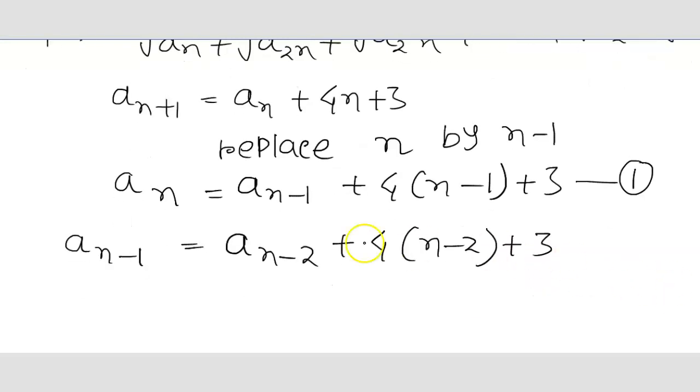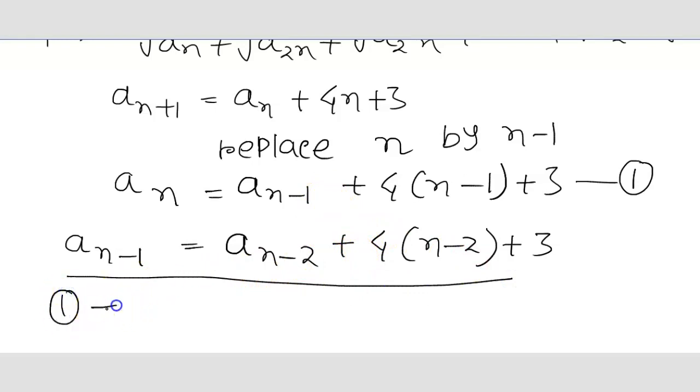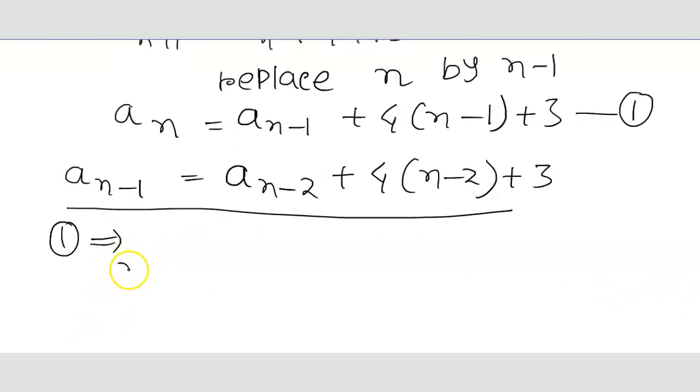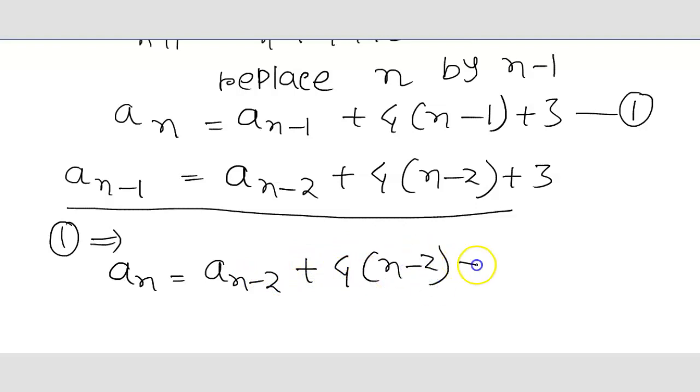Now, if we substitute the value of a_{n-1} in 1, we have a relation, and it follows something like this: a_n = a_{n-2} + 4(n-2) + 4(n-1) + 3 + 3.